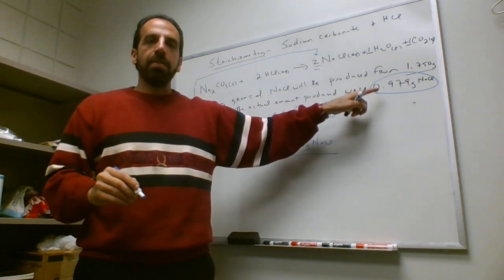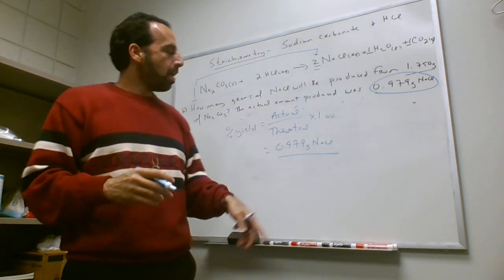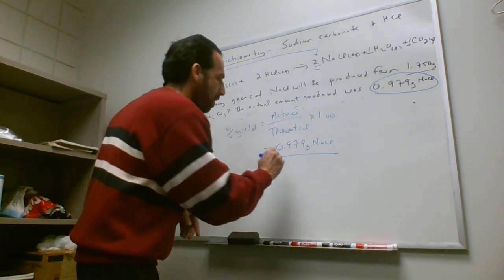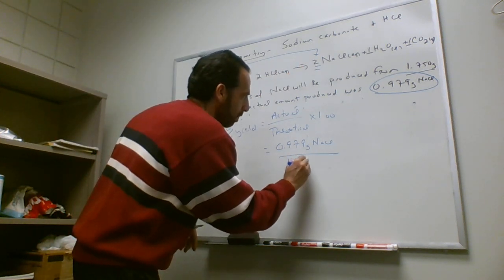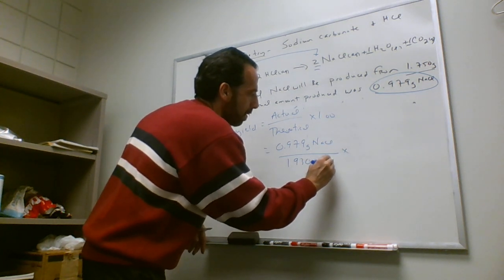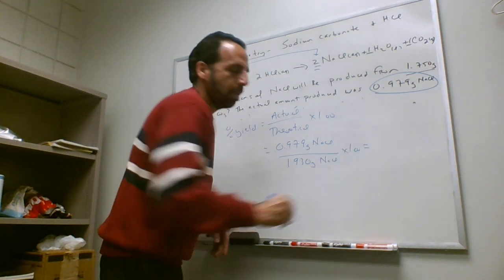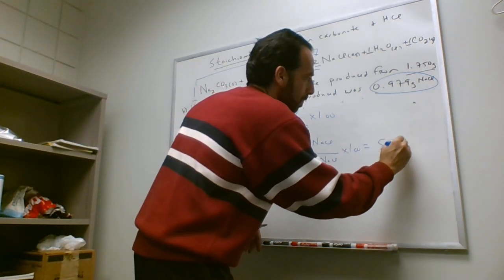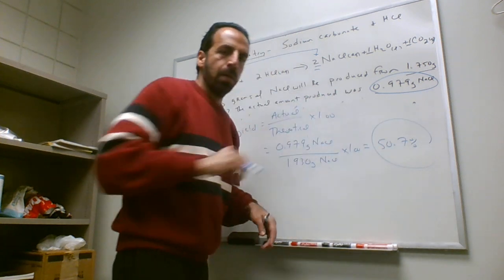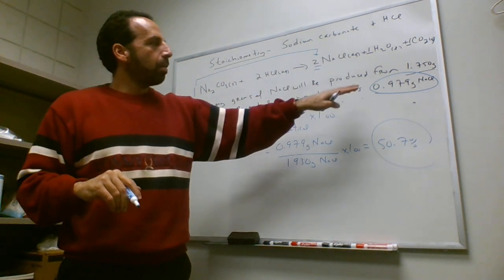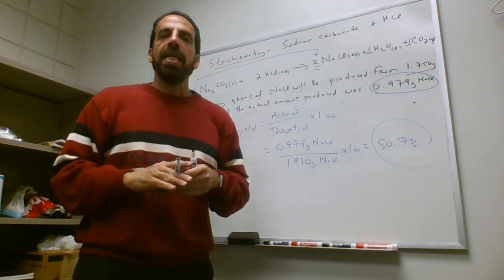Everybody's experiment is going to be a little bit different in that. Your theoretical yield is with the calculations we just did, and that was 1.930 grams, times 100. So when I do that, I'm going to end up with 50.7%. So again, your theoretical yield is the calculations. Your actual yield is what you actually physically get in the experiment.